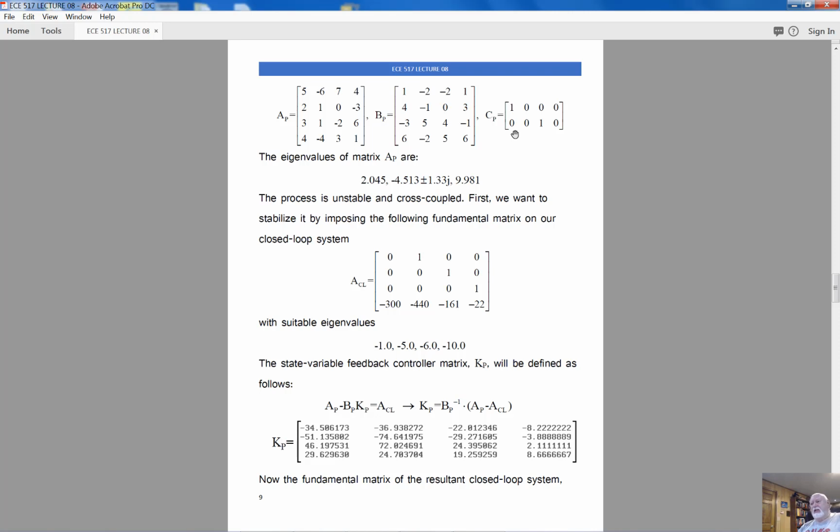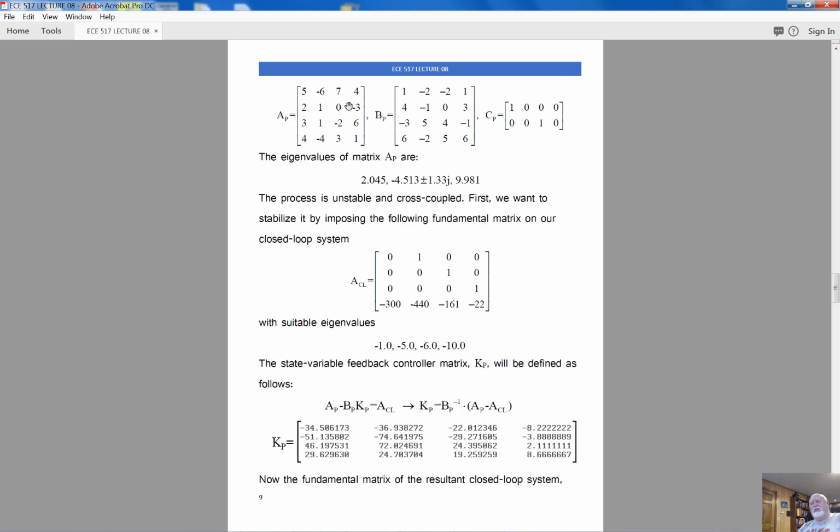The situation is not that simple. And if I would take eigenvalues of matrix AP, here they are, 4 of them. The right-hand side eigenvalue, a left-hand side eigenvalue, and right-hand side eigenvalue. So this control plant is surely unstable.